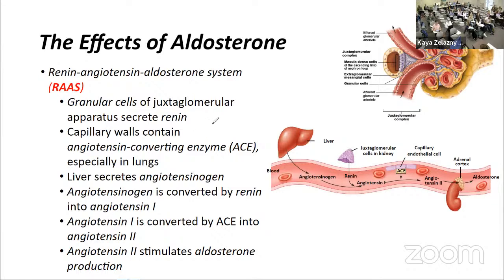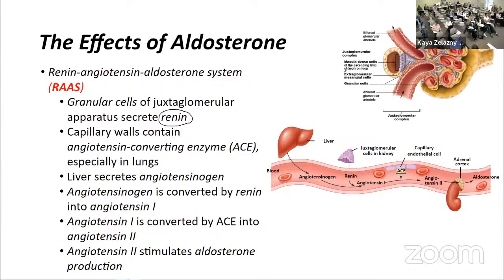This is going to start with the secretion of renin, at least from our perspective right here. So we're going to be secreting renin, and this is coming from the granular cells in the juxtaglomerular apparatus. I was just mentioning part of our juxtaglomerular apparatus as we were remembering the regulation of our glomerular filtration rate.